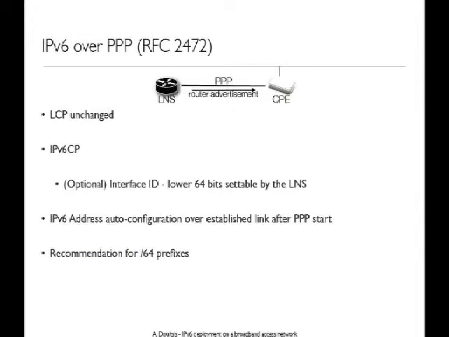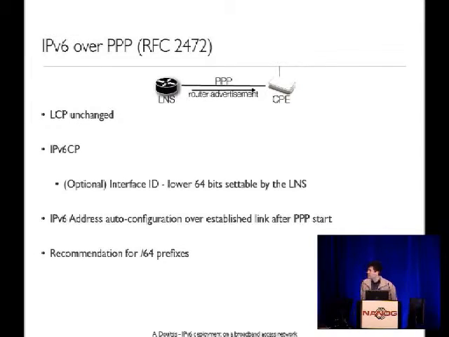So a few words on how IPv6 over PPP works. Most of you probably know all about it. The LCP is completely unchanged, and the IPv6 CP, contrary to the NCP phase for IPv4, is much simpler because there are no addresses, no DNS options involved at this point.